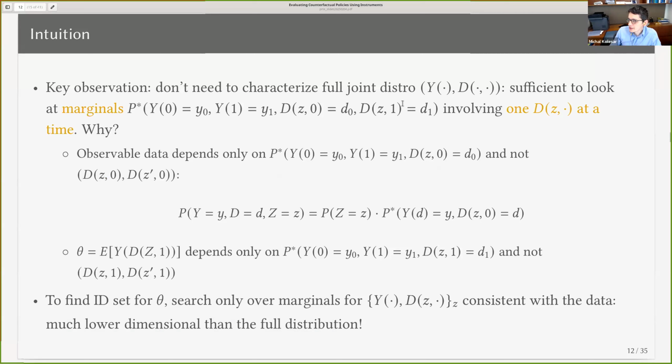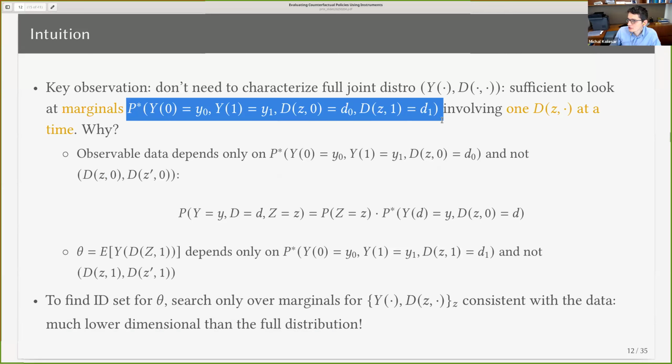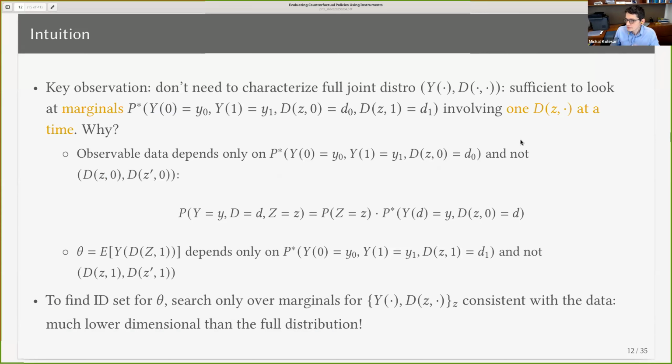For that reason, it's sufficient to look at the marginals, where I look at the potential outcomes under assignment to one judge at a time. I don't need to consider the joint distribution of assignment to multiple judges at once. I just need to consider these marginals because this is the observed data.